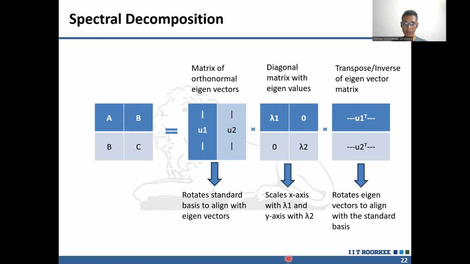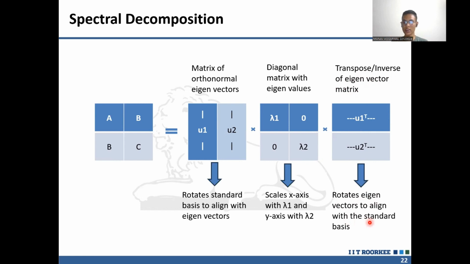This will essentially rotate the standard basis to align with the eigenvectors. The second matrix, the lambda matrix, is a diagonal matrix with eigenvalues along its diagonal elements. It scales the x-axis with lambda 1 and the y-axis with lambda 2. The final Q transpose matrix is the transpose, or inverse, of the eigenvector matrix Q. This rotates the eigenvectors to align with the standard basis.